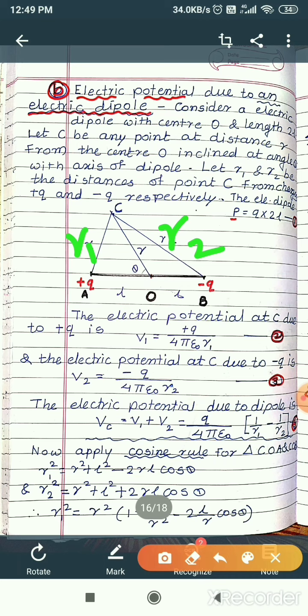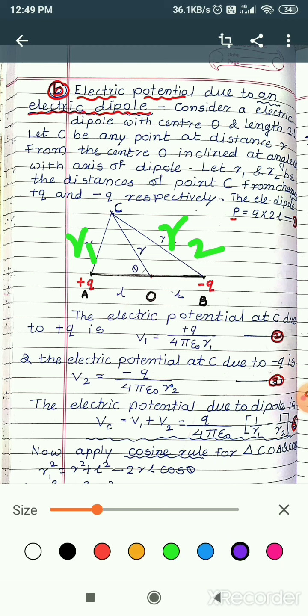Therefore, we write the potential due to the first charge, V1 is equal to, see equation number 2, plus q upon 4 pi epsilon 0 r1. Similarly, V2 is equal to minus q divided by 4 pi epsilon 0 r2, equation number 3. This one is for V2.